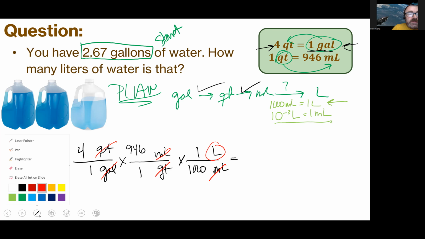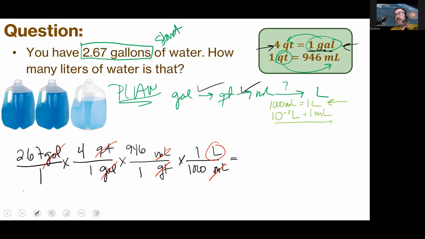Now we're going to do the math. Sometimes this gets tricky. Doing it in your calculator can be a little bit hairy, but the best way is to multiply across the top and write that down. So 2.67 times 4 times 946 is a big number, 10103.28. Then multiply all the way across the bottom: 1 times 1 times 1 times 1,000 is 1,000.